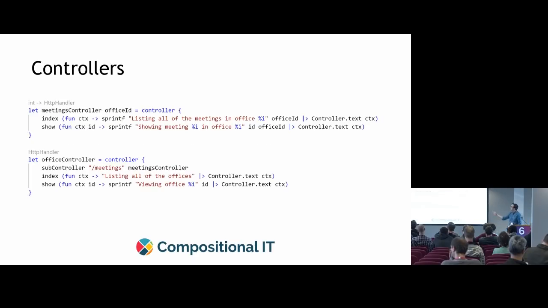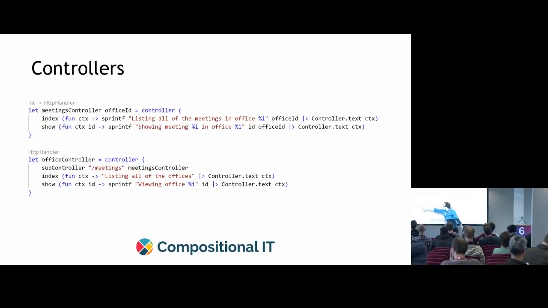So here's an example of a couple of controllers. We'll read from the bottom again upwards. So I've got an Office controller here, which is designed to list all of the offices that you might have in a business's network. We have an index here, and this provides us with the context and lets us list all of the offices.